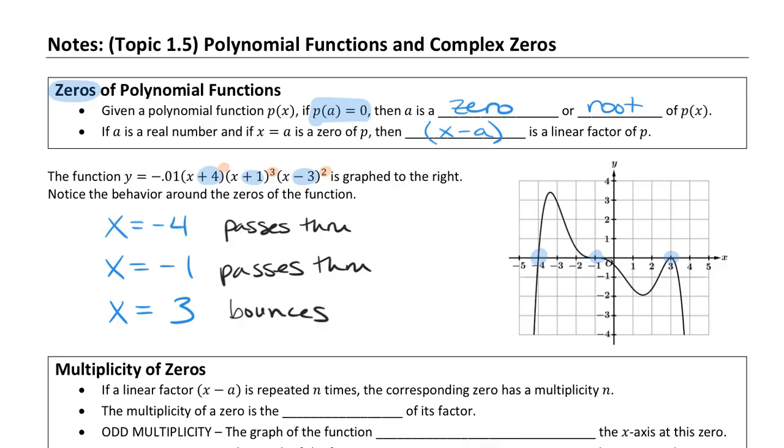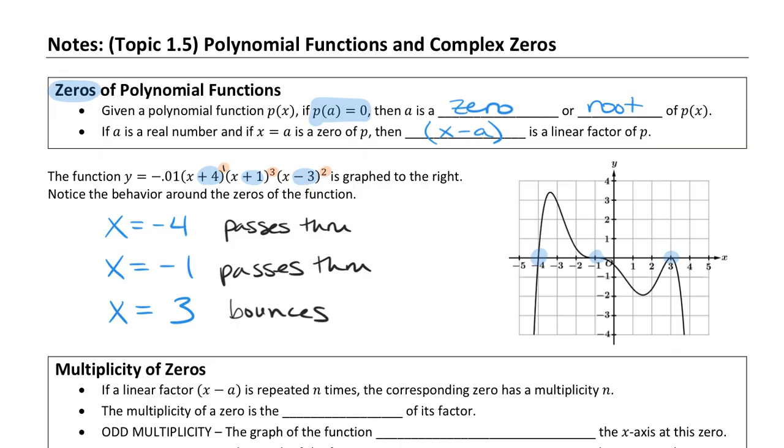Squared and cubed, and then the one that doesn't have a number showing, what is that number? 1. Okay, so if there was a 1 right there, what can you tell me about the numbers that gave me a passes through versus the numbers that gave me bounces? These two numbers are what? Odd, and this number is even.